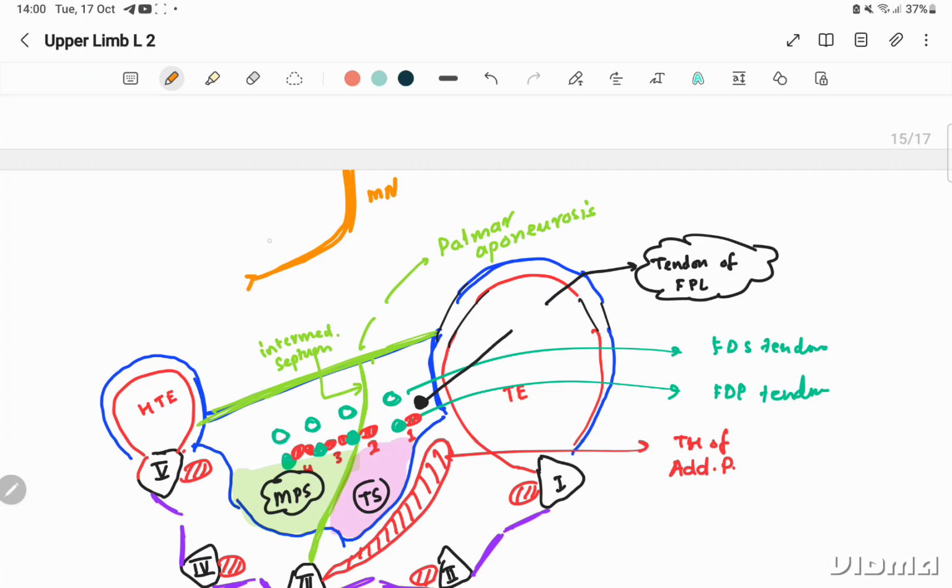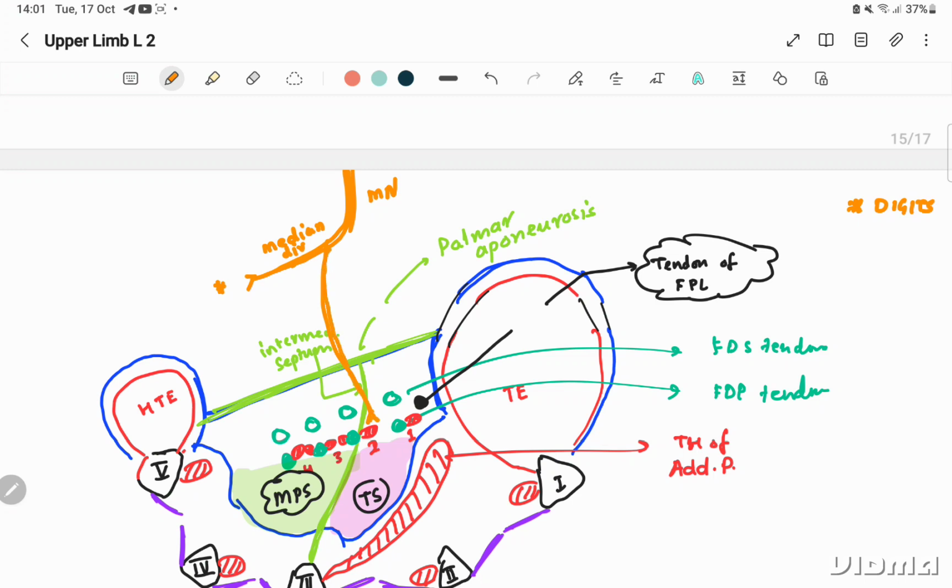It will give a medial division and supply the digits. Another branch of the medial division would supply the L2 lumbrical.